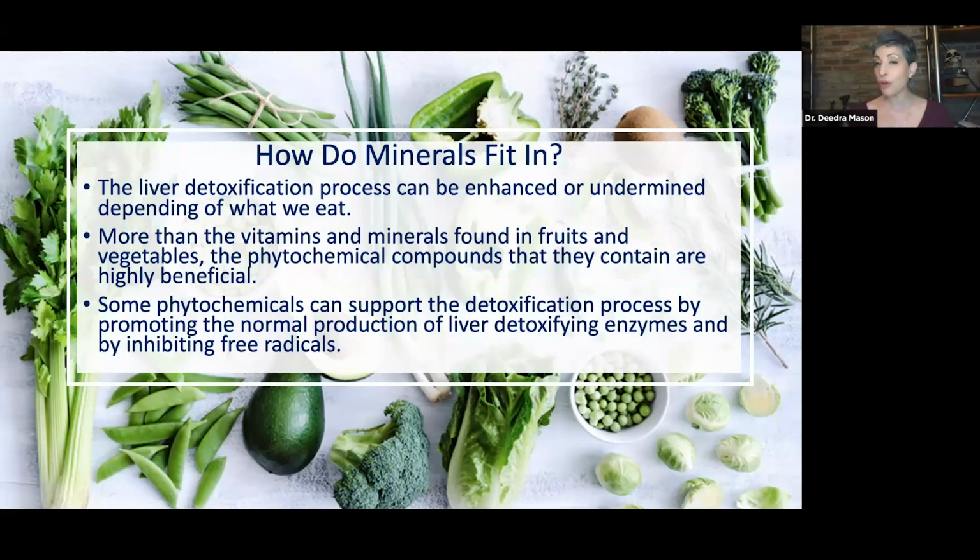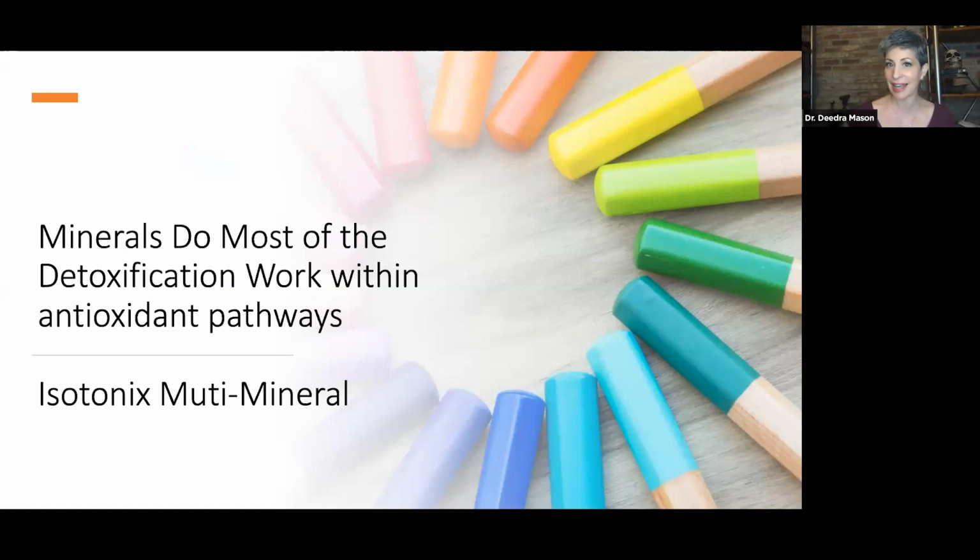We want to start with a healthy terrain. As I often say, the issue is the tissue, and you need to make sure that you're able to clear out and detoxify that tissue. And minerals, well, they're the ones doing the heavy lifting in detoxification and the communication in antioxidant pathways. So your first step towards better antioxidant protection is to make sure that you have a good mineral on board.